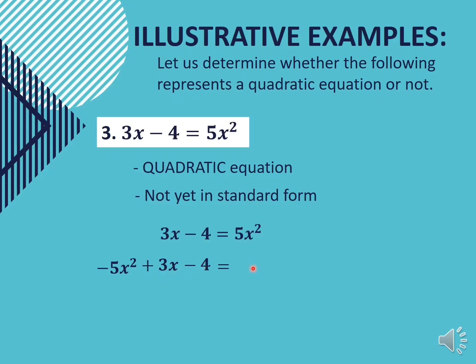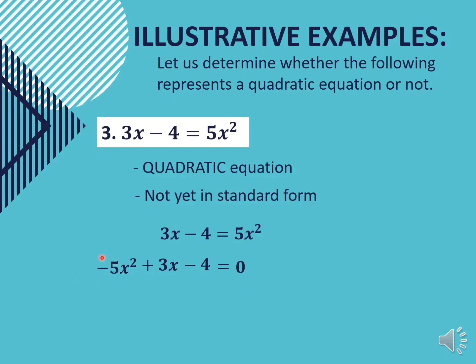How about yung right side natin? Hindi po pwedeng basta ganyan. So, since wala na naman tayong natira dito, let us just put 0. So, meaning, the resulting equation is negative 5x squared plus 3x minus 4 is equal to 0. But take note, there should be no negative sign in our quadratic term.